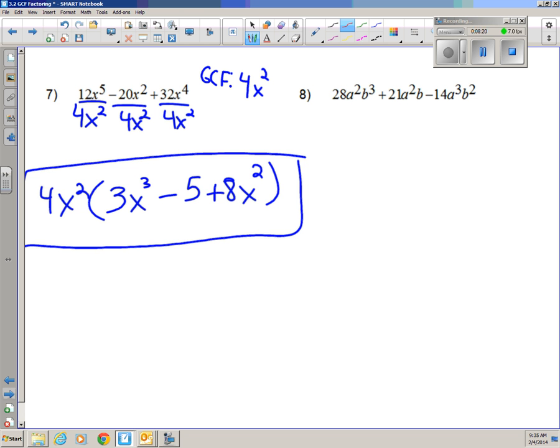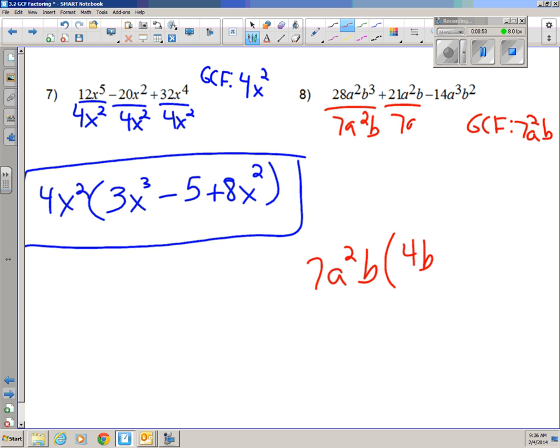Next one, 28, 21, and 14. My GCF in terms of those numbers is a 7. That's the biggest number to get out. A's are common to all, but the smallest power of A is A squared. B's are common to all, but the smallest power of B is just B. So it's going to be 7A squared B. And when I divide the first term by 7A squared B, I'm left with 4B. 21A squared B divided by 7A squared B is just positive 3.